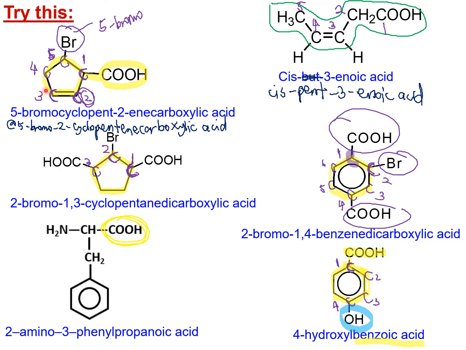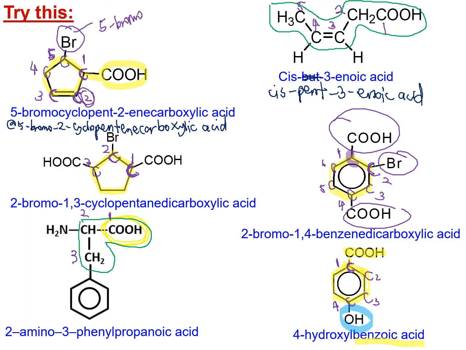Berbeza dengan cyclic structure is different. Okay, kalau let's say ada straight chain, this is a straight chain COOH. So the parent's name akan jadi the longest carbon chain yang directly attached pada COOH. So this will be carbon number 1, carbon number 2 and carbon number 3. Okay, so ni adalah panjang parent dia.